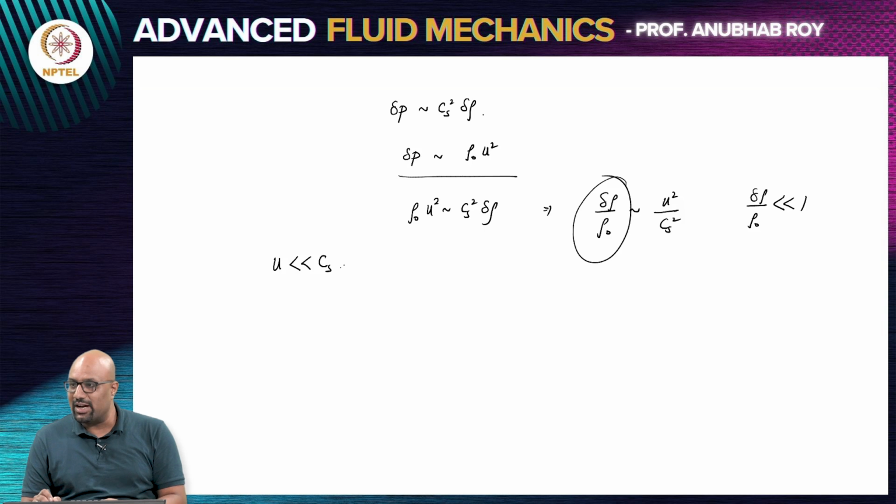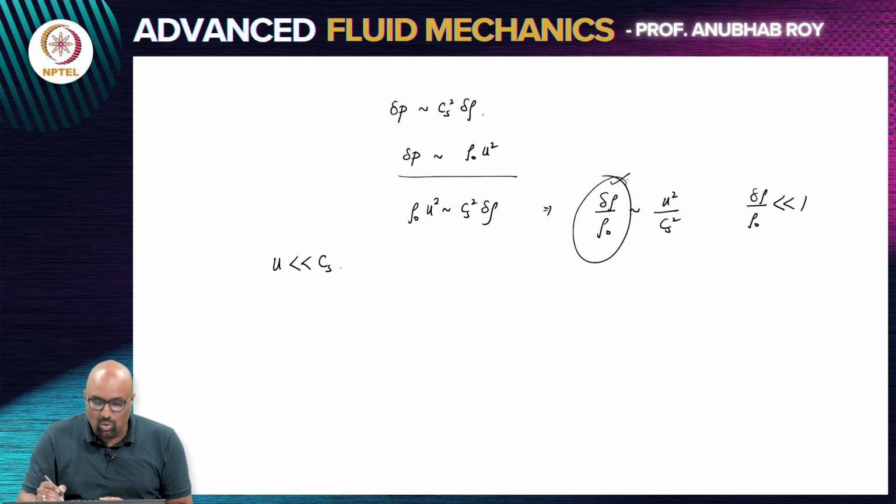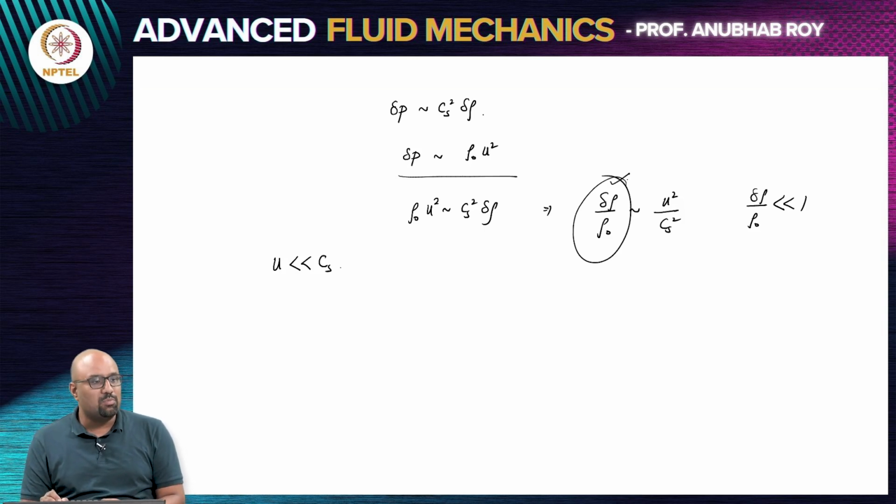That's an easy check to do, and it lets you immediately rule out compressible effects. So don't immediately jump to the conclusion that incompressible flow implies constant density, because you will see exceptions to that rule. The variations of density with respect to a mean value are going to be small.